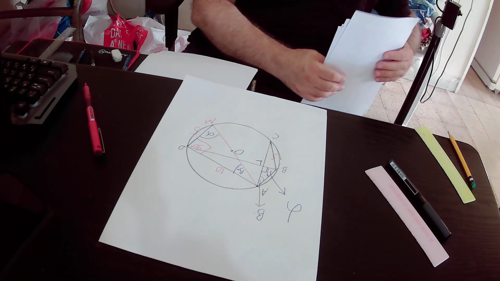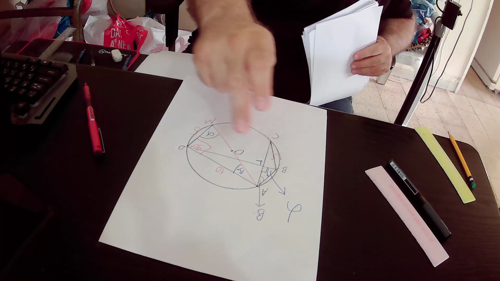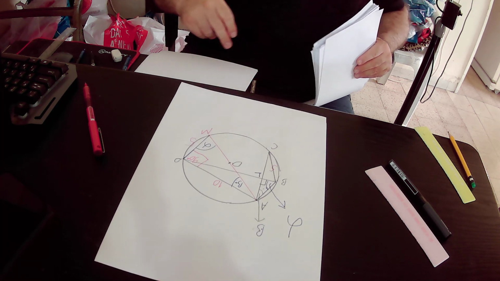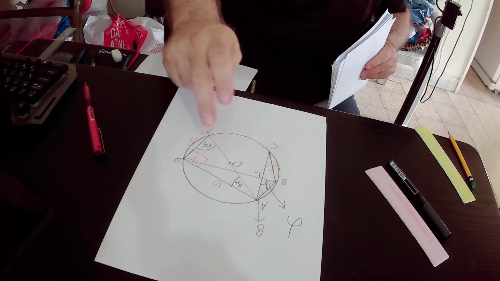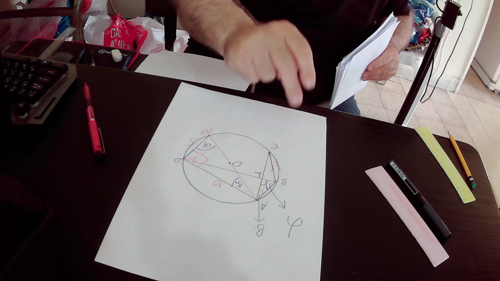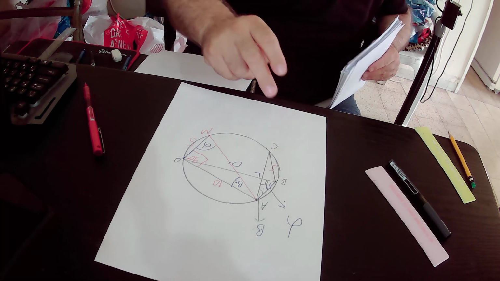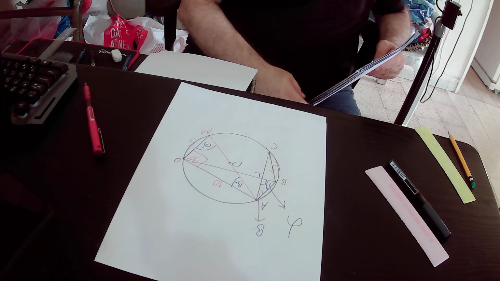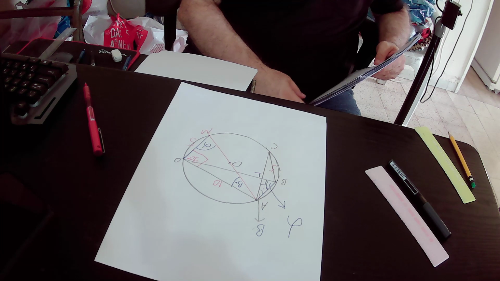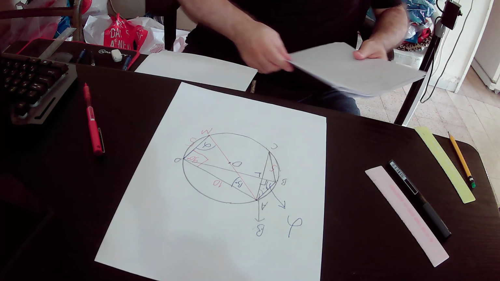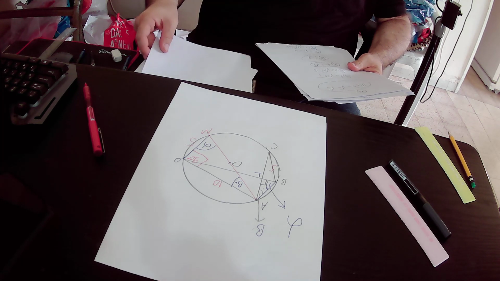The center of this circle is at point O. Chord AD equals 10 units, chord BC equals 5 units, and angle ALB equals 90 degrees. And we want to find out the radius of this circle.